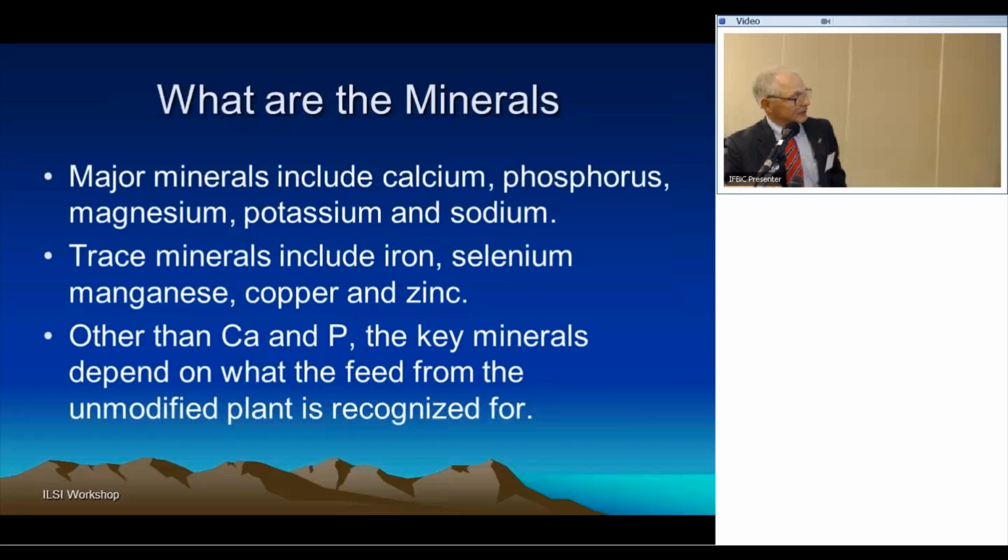But there's a problem, like with selenium, the soil where the plant is grown highly influences the selenium content of the plant. And that's probably the case for a lot of the minerals. In animal nutrition, these trace minerals are added as a routine based on the geographic location where the feed is being fed and where the feed generally comes from. So it's quite common to add these trace minerals to the diet.